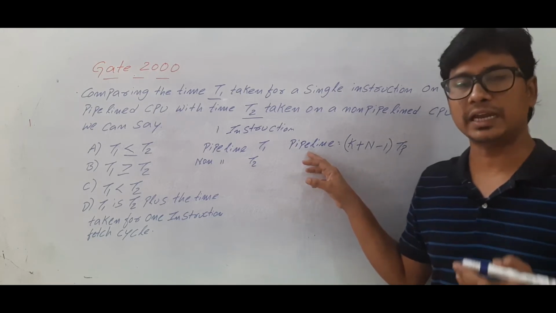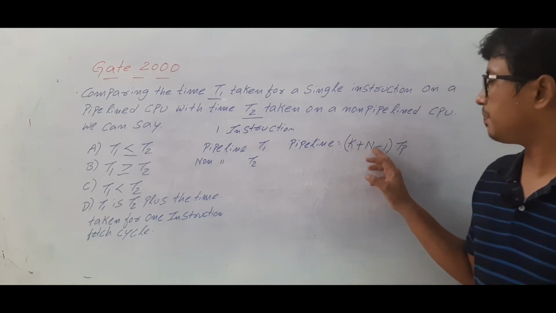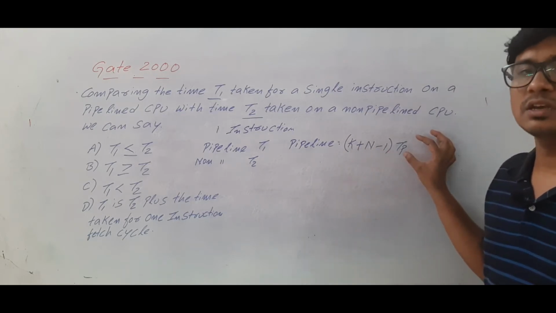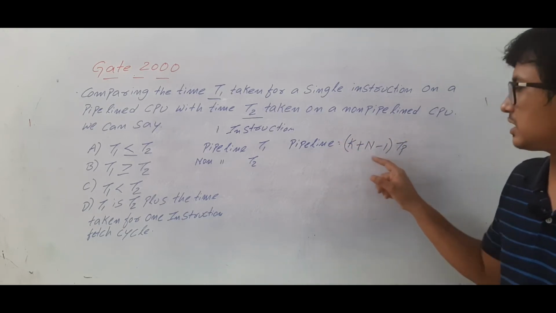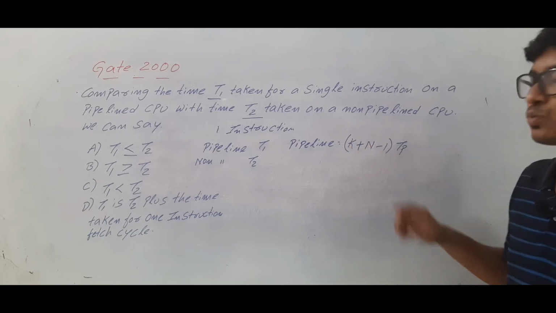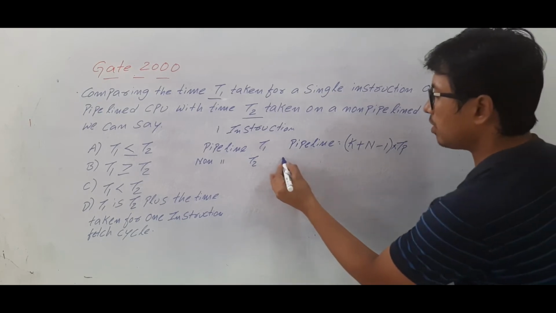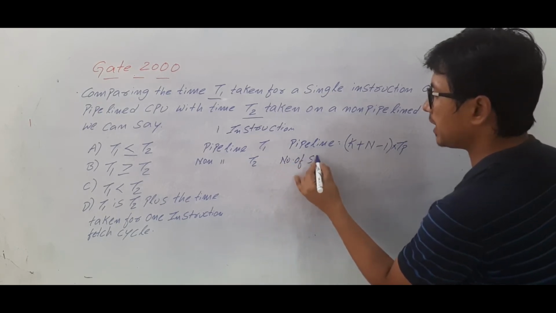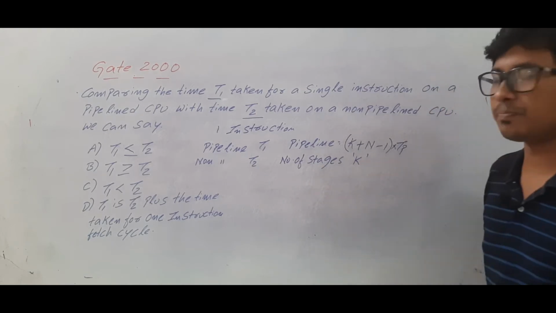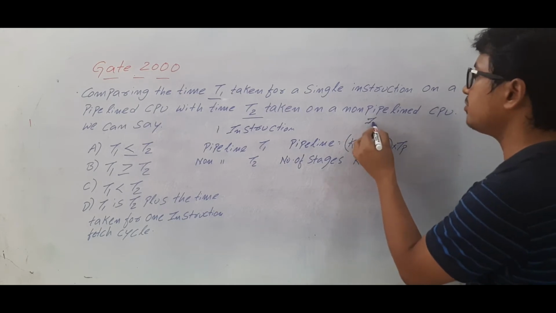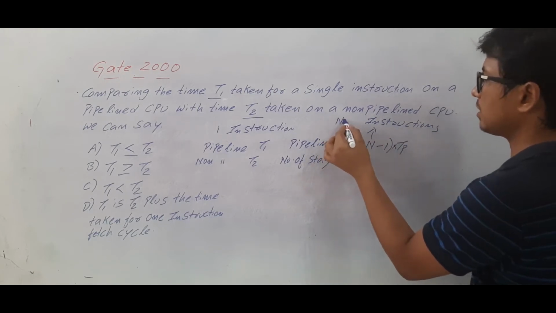To execute n instructions using a pipelined architecture, you will take k plus n minus 1 clock cycles, where each clock cycle takes Tp time, so totally you will take (k plus n minus 1) into Tp, where k is the number of stages in the pipeline and n is the number of instructions. Are you able to understand it or not?